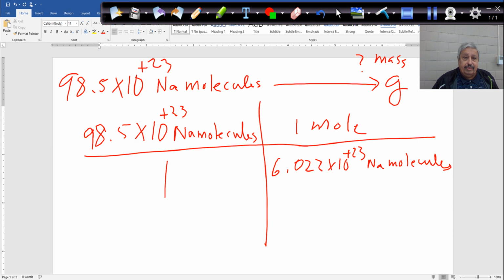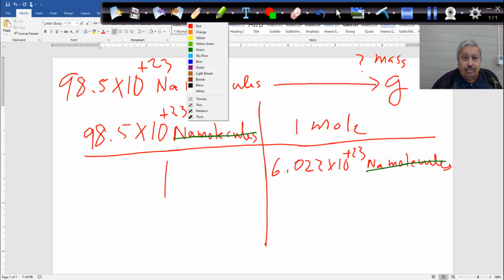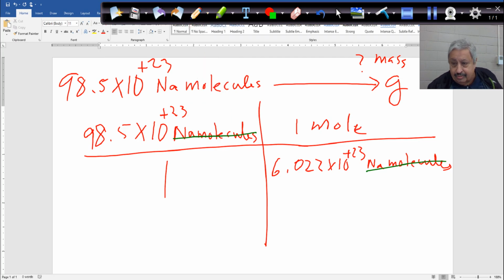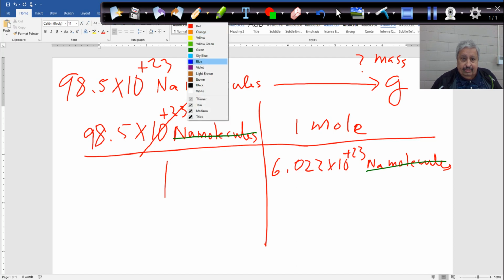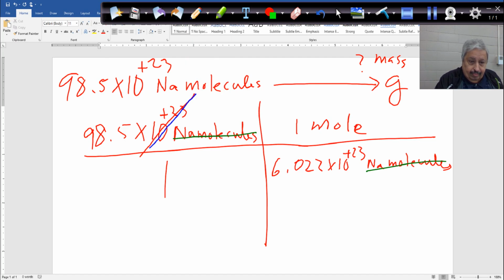Now, with this step, we have gotten rid of what? The sodium molecules out of our way. And we have the unit of mole, correct? And then I can even go further. The exponent 10 plus 23 here and another one here cancel out.